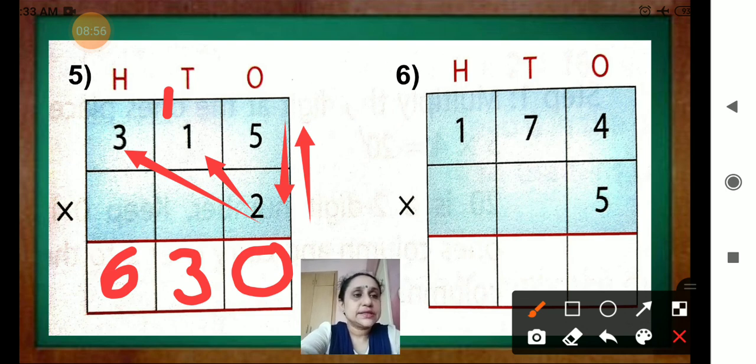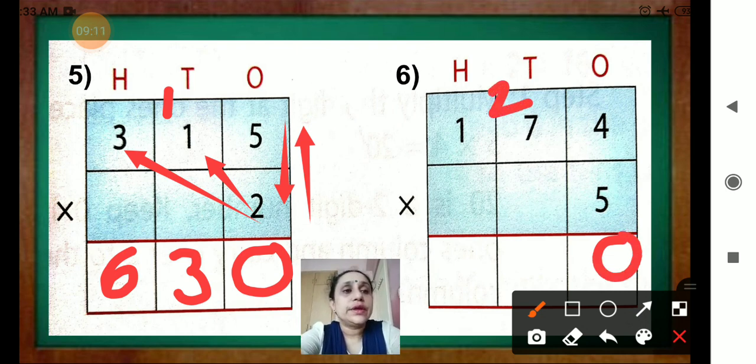Now question 6. 174 multiplied by 5. Start from the ones place. 4 fives are how much? 20. Write 0 and 2 will be carried over to the tens place. Now 5 sevens are 35. 35 plus 2, 36, 37.